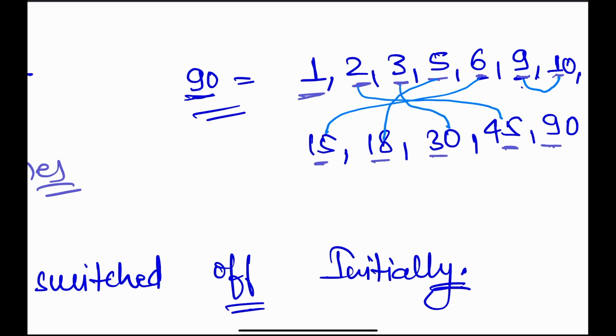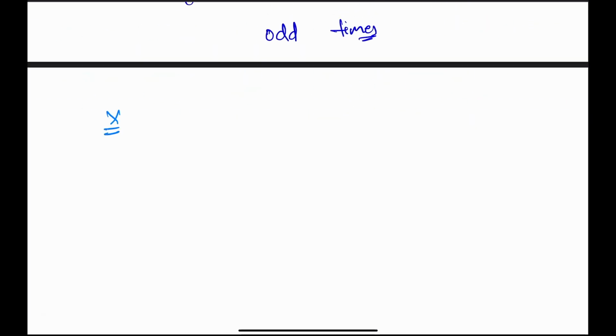For this one, I paired this. Any number x, if 1 is a factor, then the next one will be x. Then if I say 2, then x by 2. Suppose I take an example, let's take the example of 10.